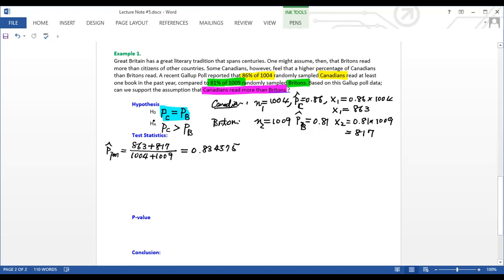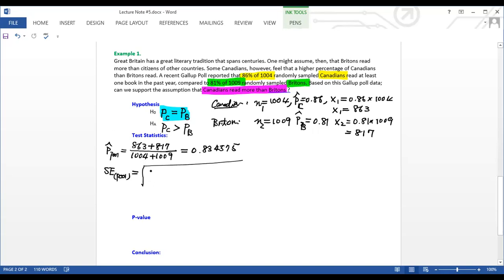After you do that, you can calculate the standard error of the pool. Remember it's a big formula, but don't get scared, it's not too bad.